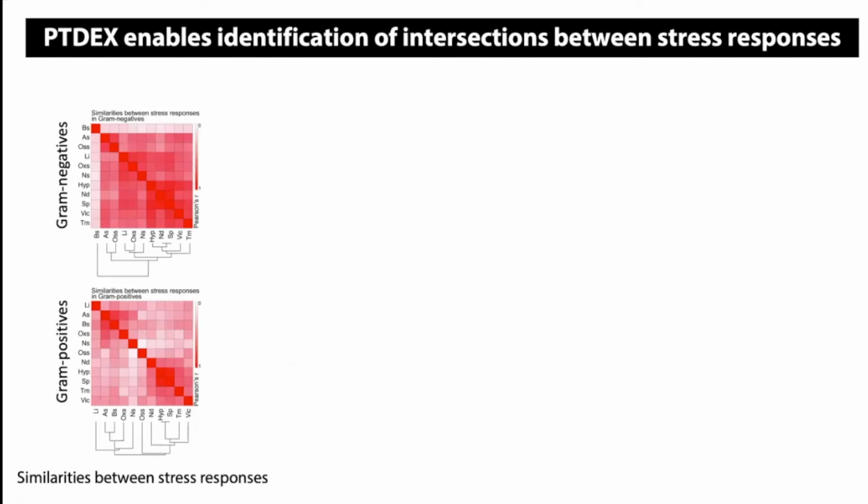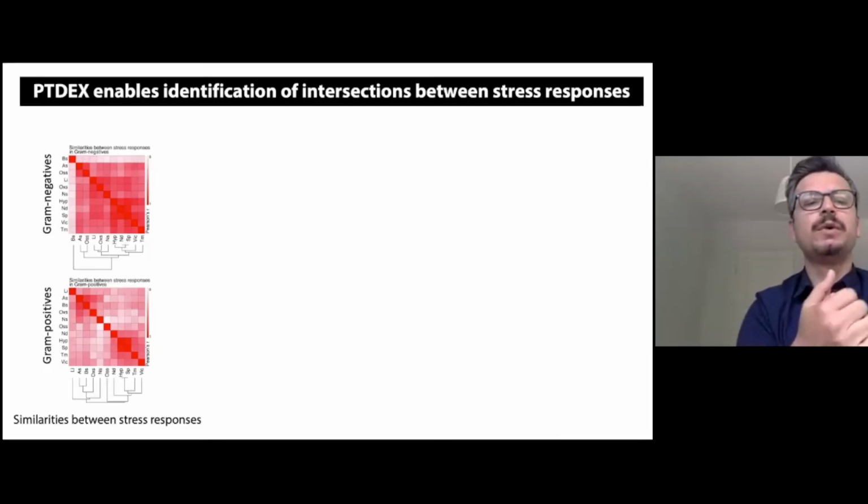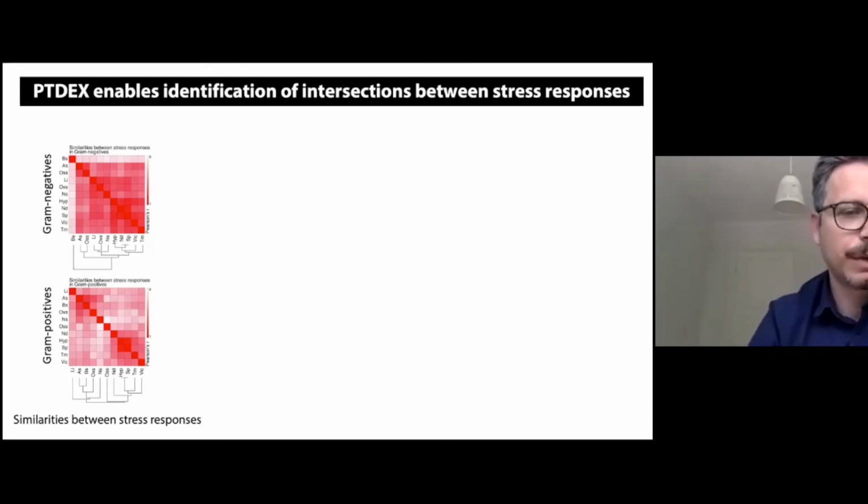As you can imagine, the gene content and phylogenetic order of gram-negative and gram-positive bacteria are different. So we separated the gram-positive strains and the gram-negative strains, recalculated the PATHOgenex score for them, and then looked at how the stress responses are similar in different pathogens.